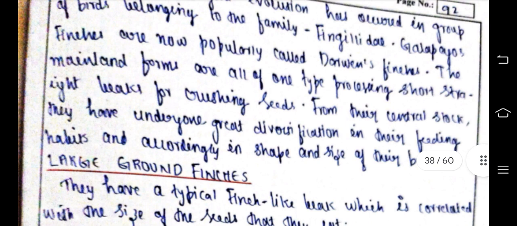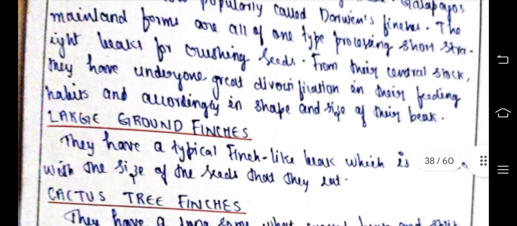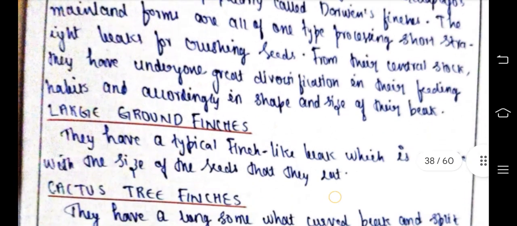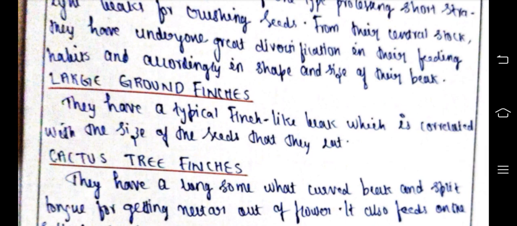The mainland forms are all of one type, having short, straight beaks for crushing seeds. From their central stock, they have undergone great diversification in their feeding habits and accordingly in the shape and size of beak. Large ground finches have a typical finch-like beak which is correlated with the size of the seeds that they eat.